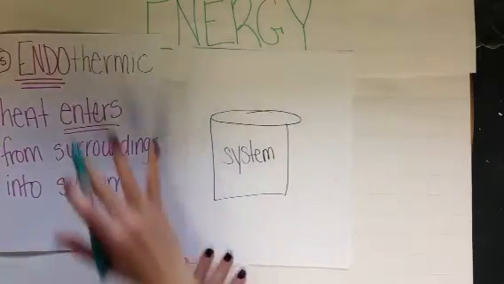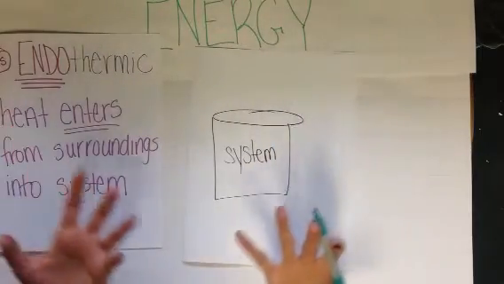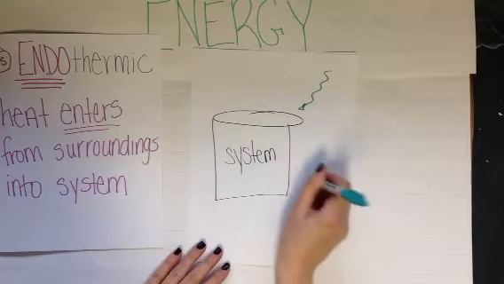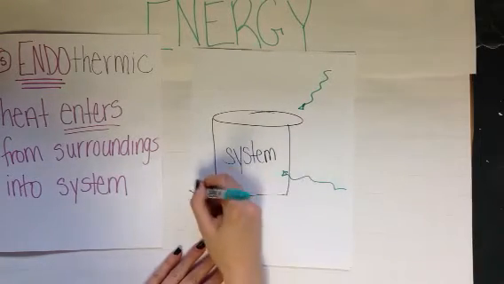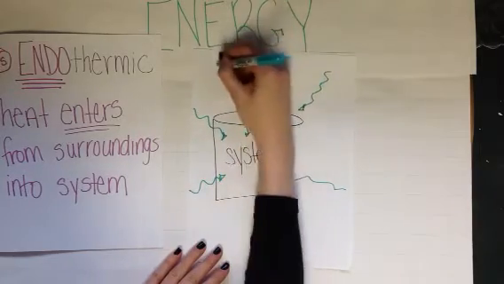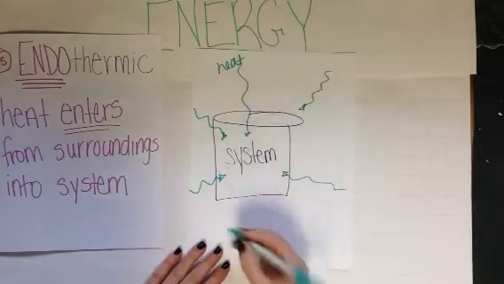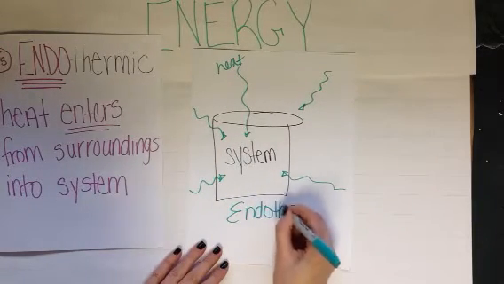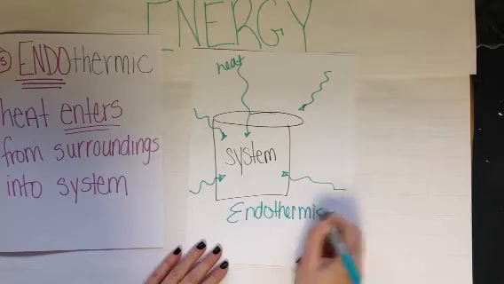As we know, our surroundings has a lot of heat in it. Any of that heat can be used and transferred into a system to warm it up. So heat entering into the system from the surroundings is an endothermic reaction.